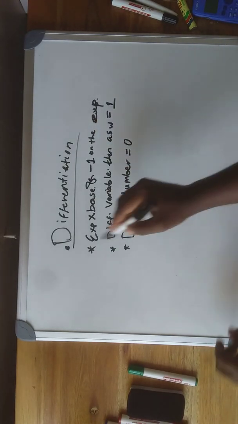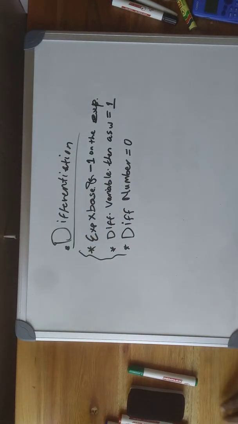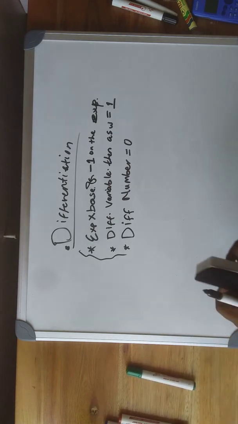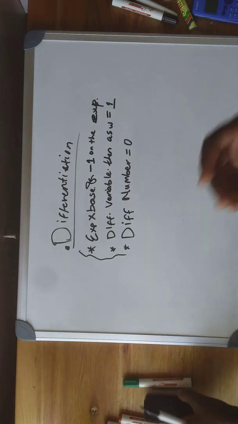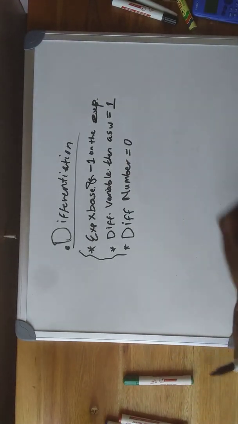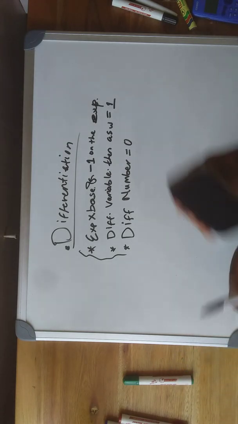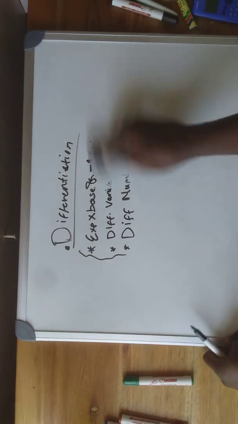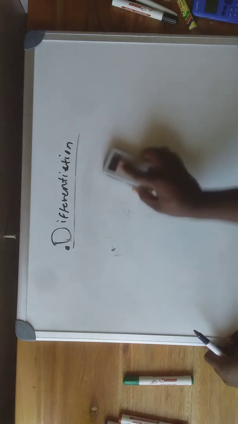So now that we have all these tips, let's get into differentiation and see how we can tackle everything. I'm going to give you other tips as we move on, so please keep watching this video so that you don't miss some of the important stuff that I'll outline at a later stage.